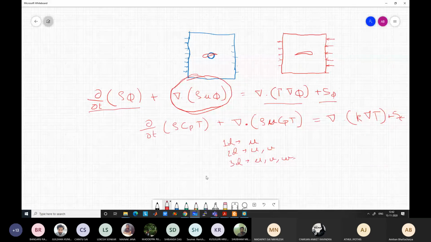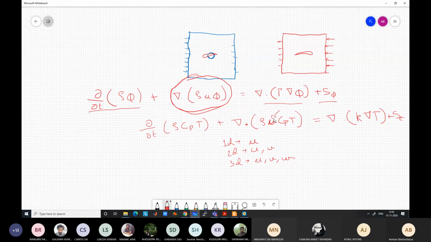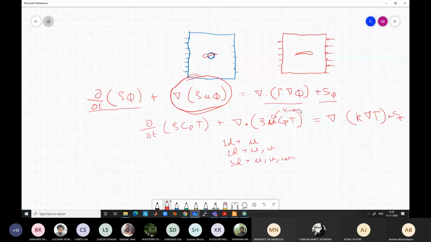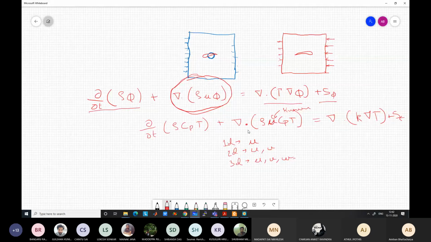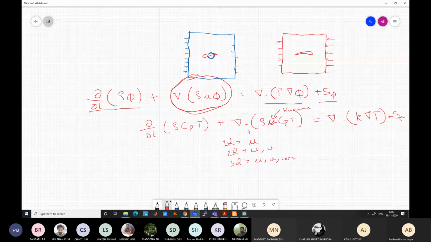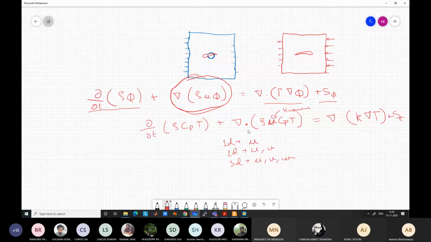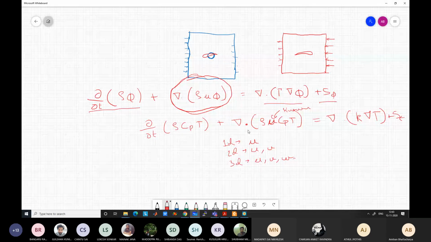The thing is that the velocity is already known while solving this equation for temperature. This is an already known factor. With this condition, we want to see how the convective term is treated. When you solve the convective equation, you already know the u value from some previous calculation or previous solution of the momentum equation, or experimental evidence, or it has been directly given to you.